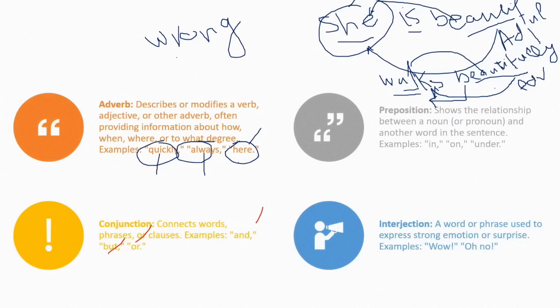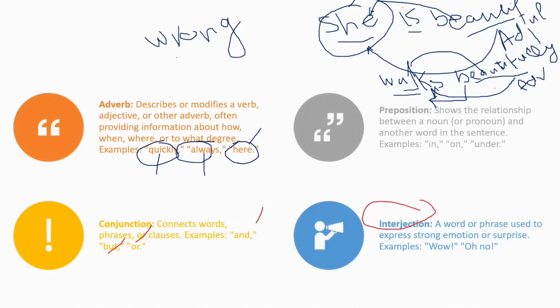She worked hard and succeeded. They tried but could not win the match. Or, either I or you are responsible. So linking I and you, two nouns or two pronouns.